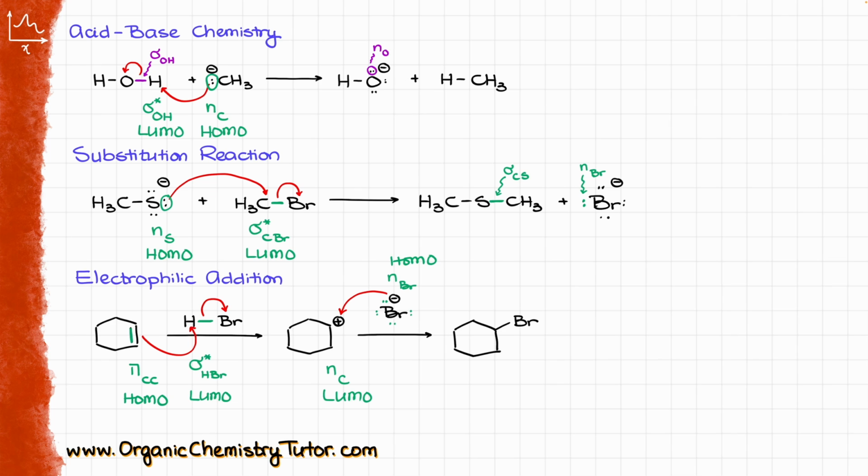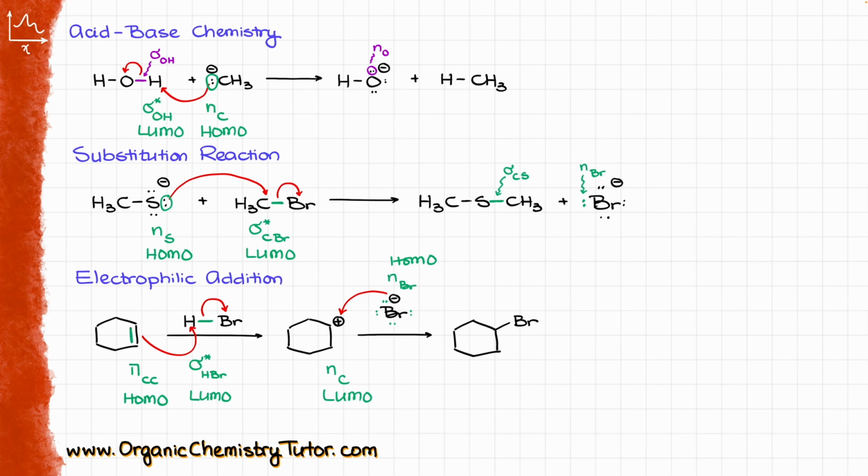So you don't always have to give electrons to a sigma or a pi star, sometimes it's just going to be an empty orbital. And the interaction of two non-bonding orbitals in this case is going to give you your final product. So the TLDR version here, so to speak, is that as long as you know your mechanism, you should always be able to determine the orbitals that are interacting based simply on the electron flow.